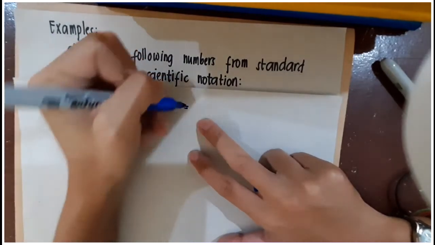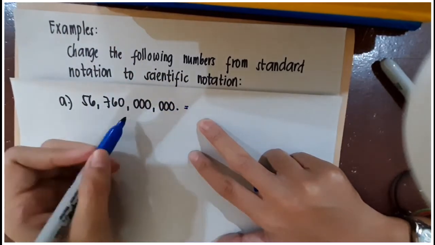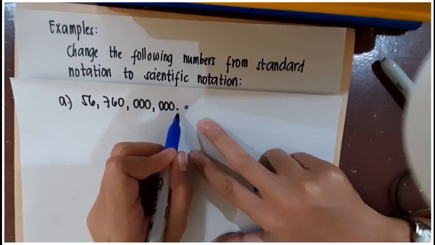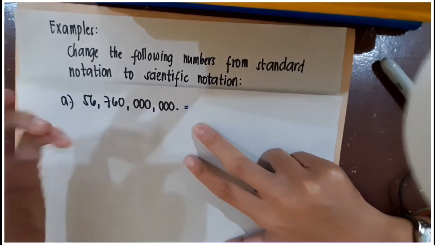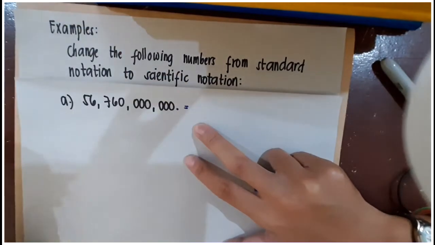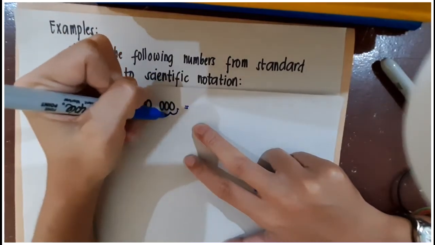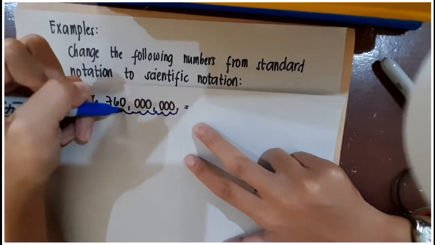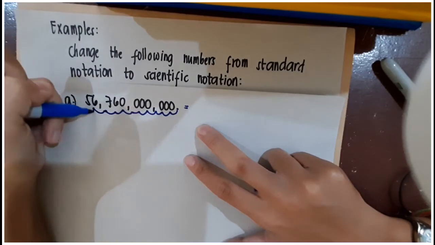If you have a whole number, the decimal point is placed after the final digit. Then you move your decimal point going to the left: 1, 2, 3, 4, 5, 6, 7, 8, 9, 10. Okay, so that's 10.